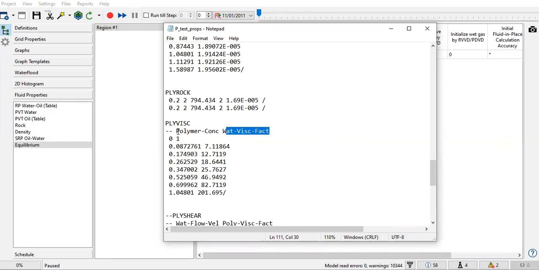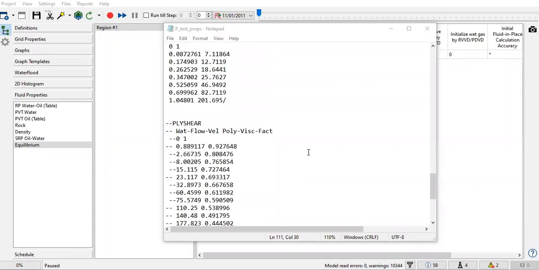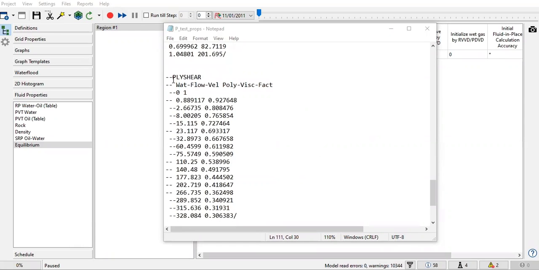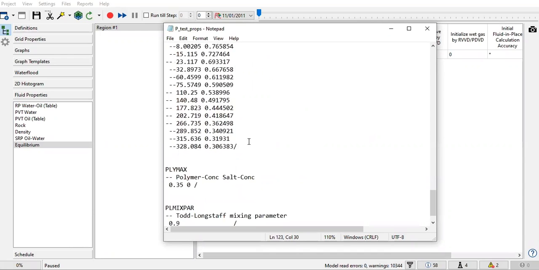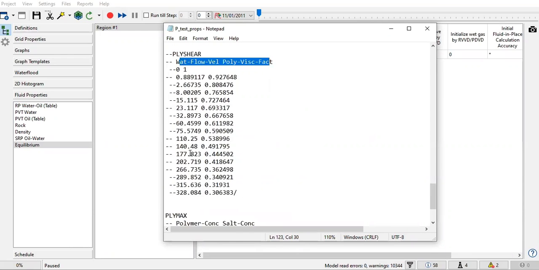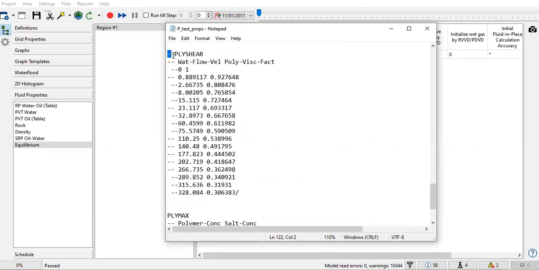So if you add polymer, there will be a change in water viscosity by the factor of this, right? Okay, continue. And we actually have another keyword, PLYSHEAR, but currently it's not applicable in this case. So that's why we put that there.